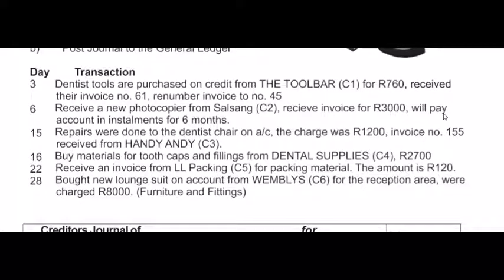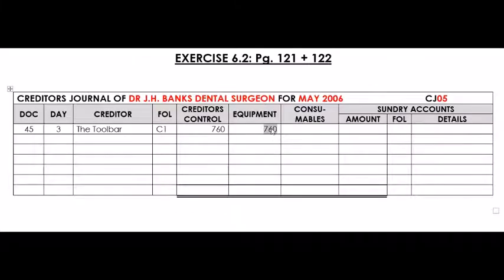But we don't care about the repayment for now, we just have to record the purchase in the CJ. We would have renumbered the invoice to number 46 on the 6th. The creditor's name is Samsung, creditor number 2. The value will have to go to creditors control and to equipment because a photocopier is seen as equipment.